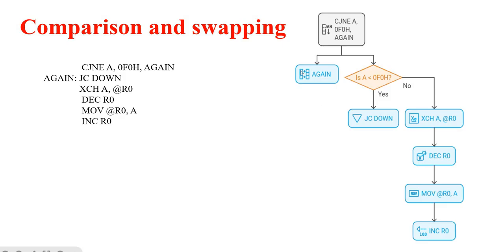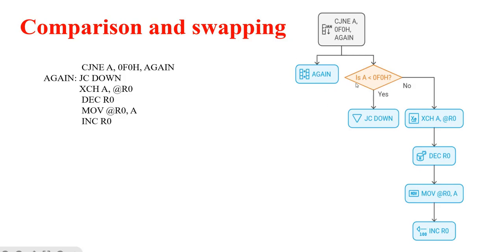Now if A is not equal, then it will jump to the label AGAIN.